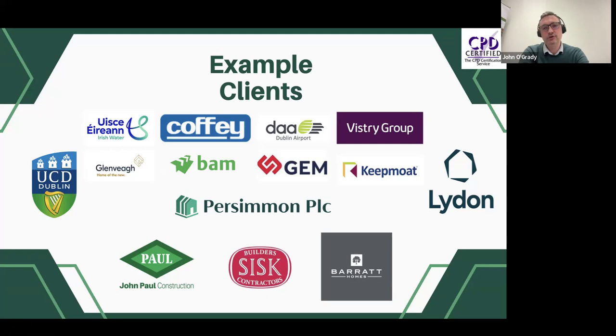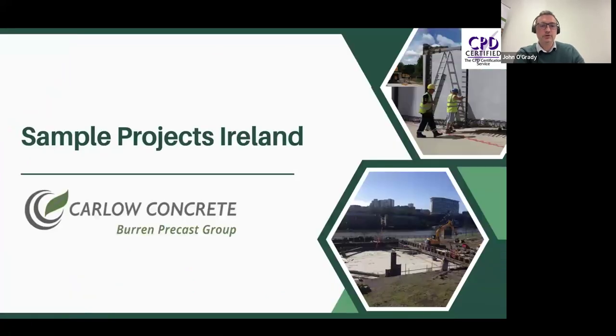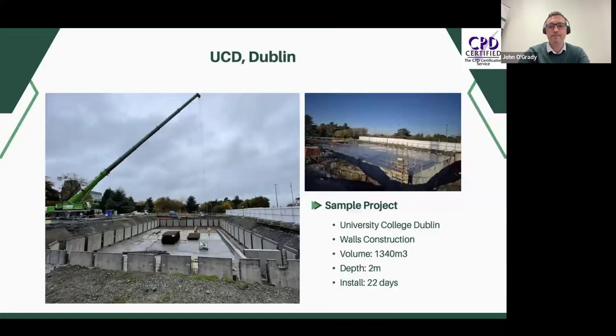So it's a multitude of different applications and different people who would use a system such as ours. So we'll just have a look at some sample projects in Ireland, just to give you a brief snapshot of real examples.